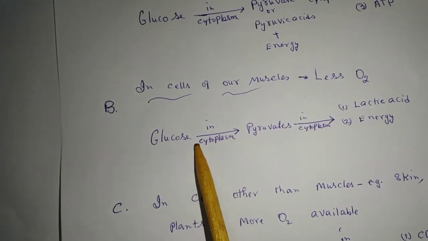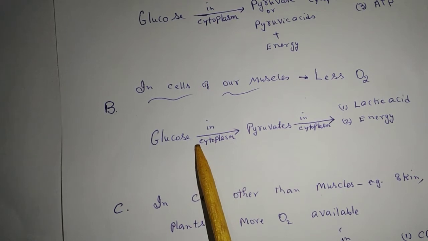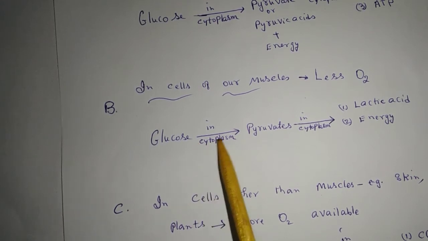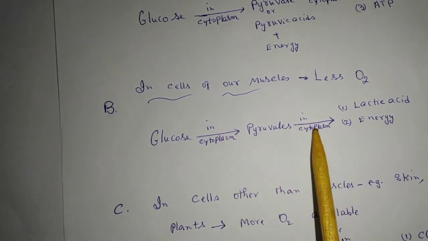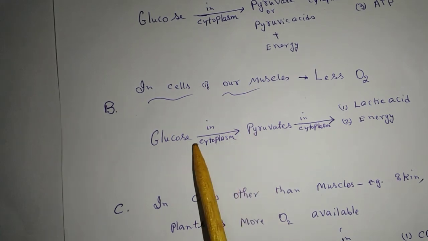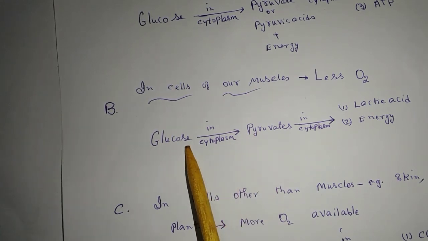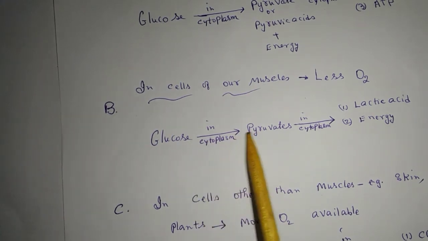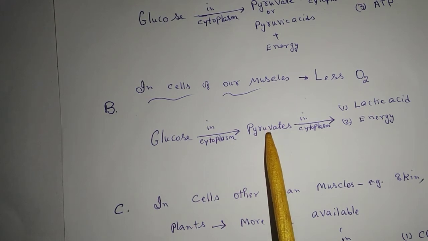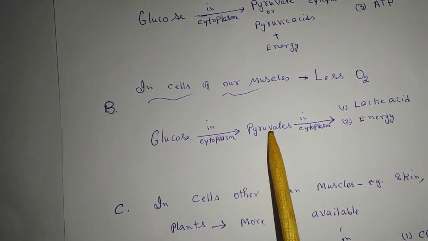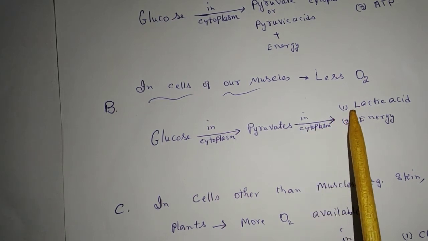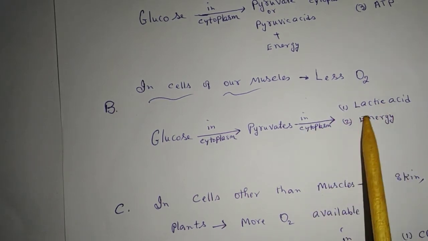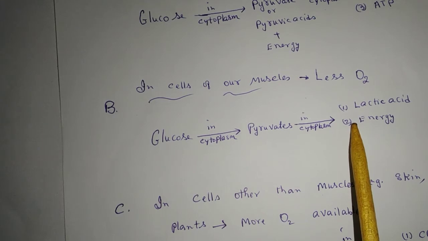So the process of respiration in the muscle cells takes place in the cytoplasm alone. The glucose in muscle cells will be broken down into pyruvate, and the pyruvate again inside the cytoplasm will be converted into lactic acid and small amounts of energy.